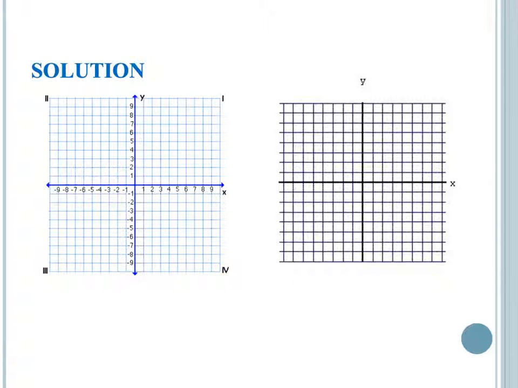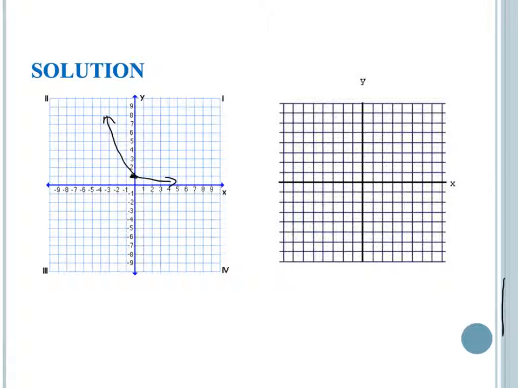So that 25 sitting out in front of the parentheses is called a vertical stretch. And so the question is, how does a vertical stretch change my graph? It originally crossed at 1, and then, kind of sort of did something like this.